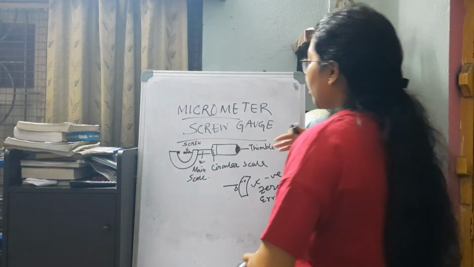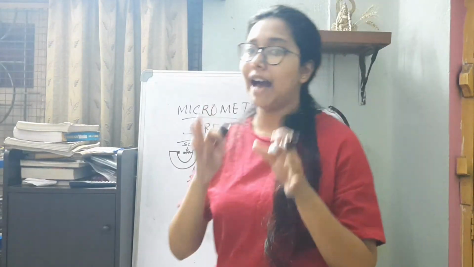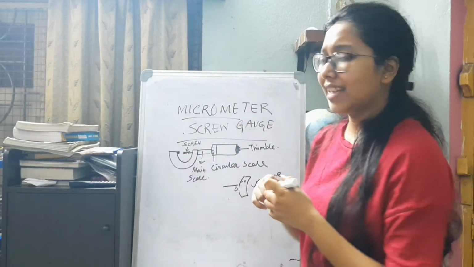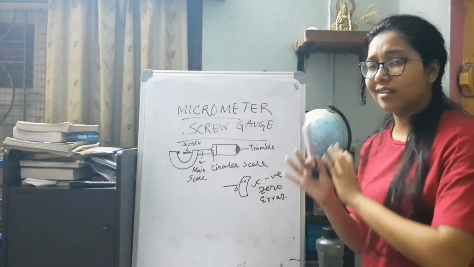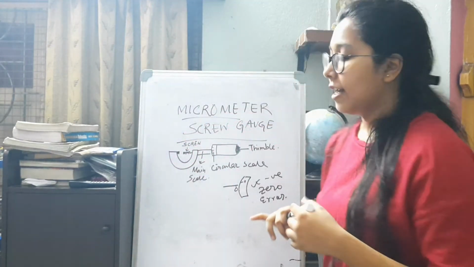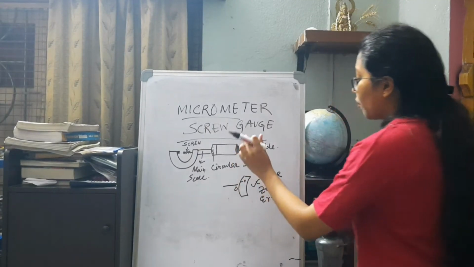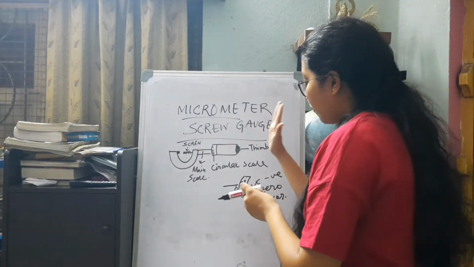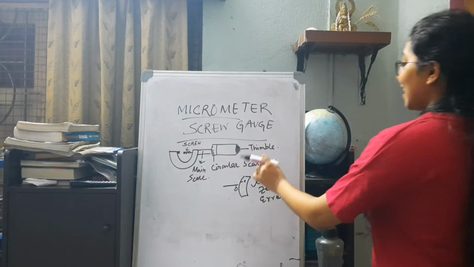Now before moving on to the backlash error, I would like to say that the calculation of the negative or positive zero error is the same as that of the vernier scale. For the vernier scale, we noted which division of the vernier scale coincides with a main scale division.